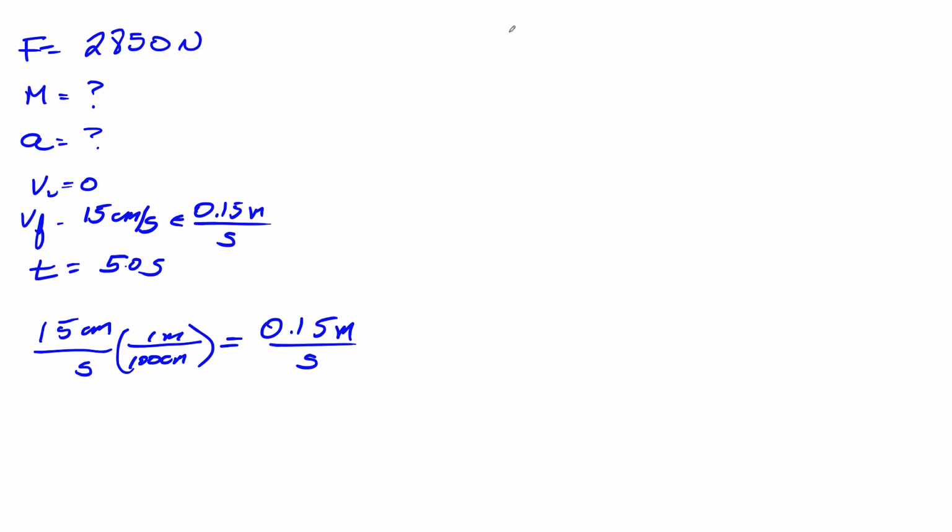Now, force is what we have, and we're looking for mass and acceleration. We don't have an acceleration here, but remember that acceleration is equal to the change in velocity over the change in time. We know the change in time is 5 seconds.